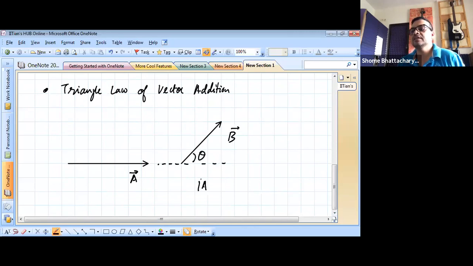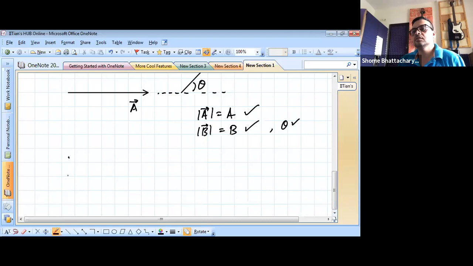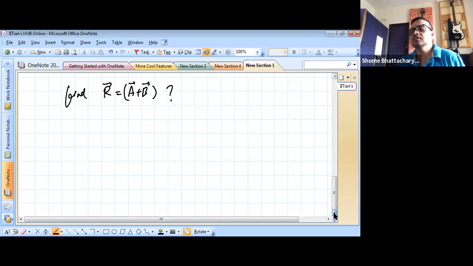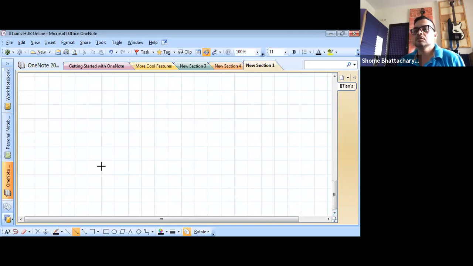So if the magnitude of vector A is given by the symbol A, the magnitude of vector B is given by the symbol B, and theta is the angle between A and B, then we can find the resultant sum of A and B by constructing this triangle in which we draw the vectors A and B head to tail, one after the other, just as if they are displacements.